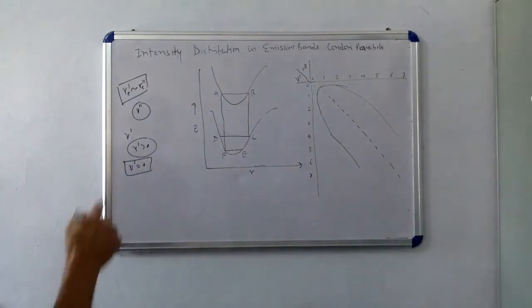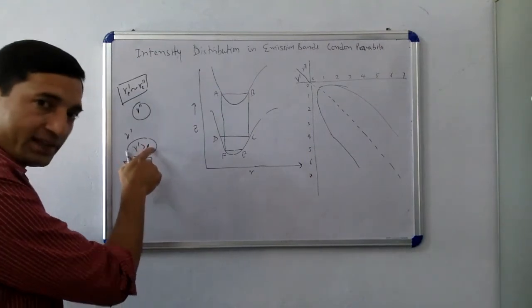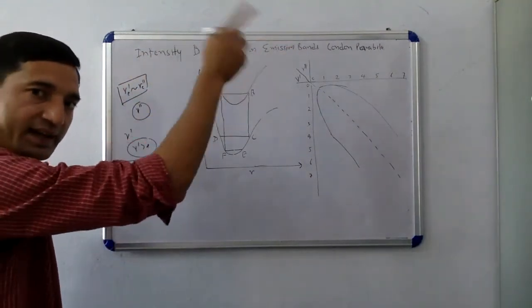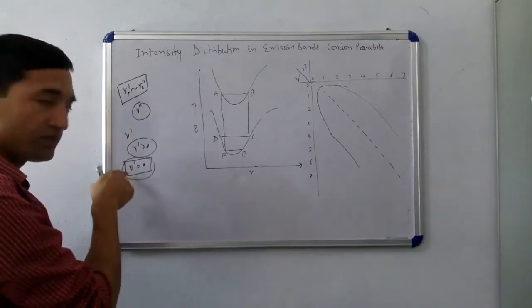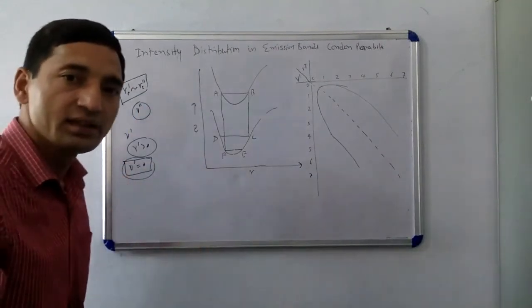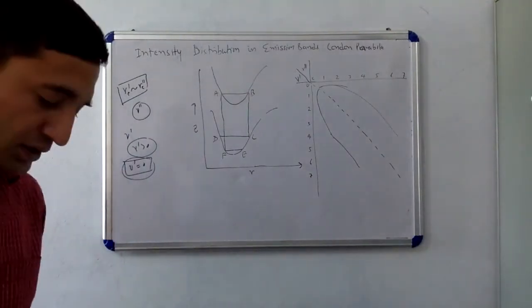So if nu prime is above 0, then these progressions are entirely different as compared to the progression initiating from nu prime equal to 0.